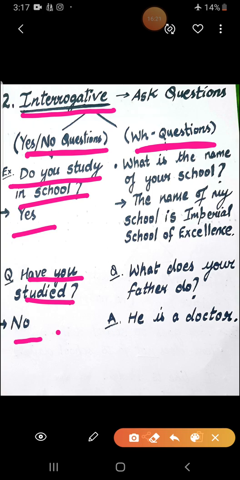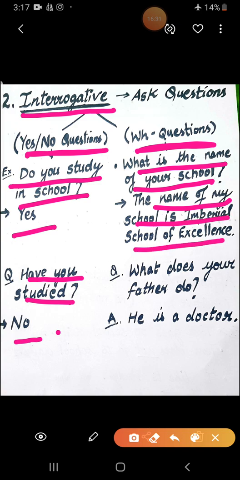Then here you can see the example in this second part. What is the name of your school? If I ask you this, what will you say? The name of my school is Imperial School of Excellence. So here you are framing a bigger sentence, not giving an answer in just one word. Then what is the next question?